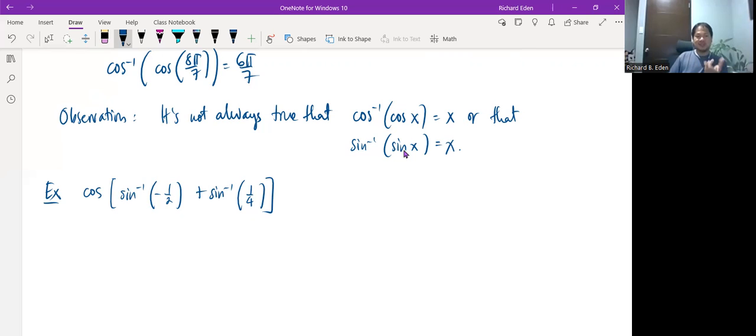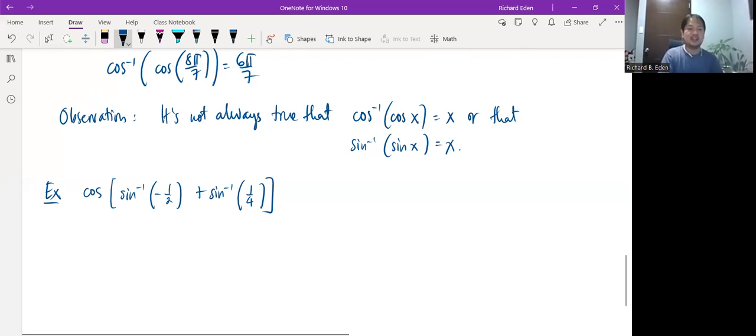Now that sum is going to be an angle. And ultimately, it's not really that angle that we need, but the cosine of that angle. When the calculator just displays decimal digits, it means it cannot do it in exact form.